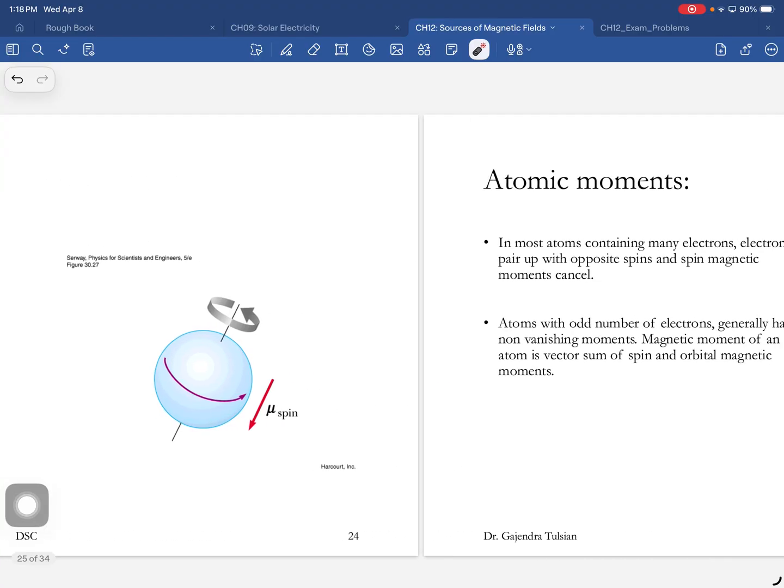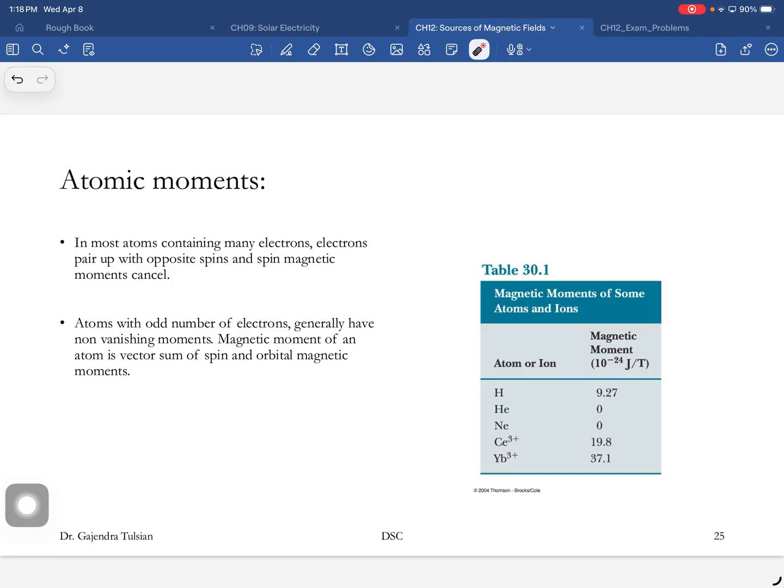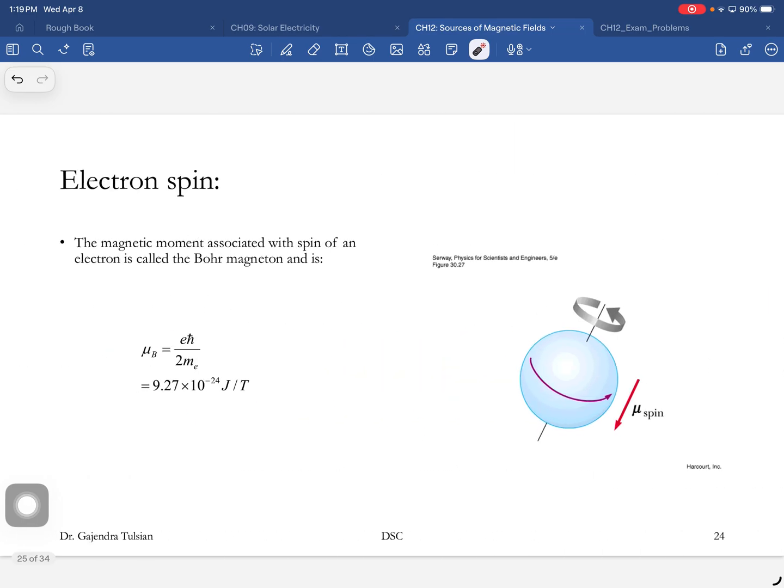Okay. Look at this. So this is the magnetic moments of some atoms and ions. The magnetic moment, by the way, so here's an electron that is spinning. Is a proton spinning? Does a proton spin? A proton also spins, and its angular momentum is also the same, except that the strength of the proton's magnetic moment, see, the mass of the proton is 2,000 times that of the electron.